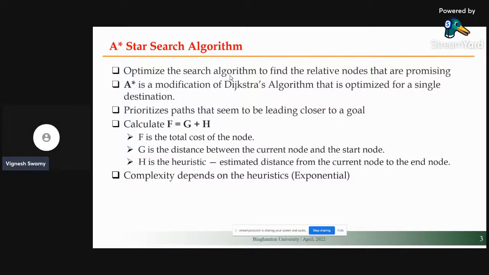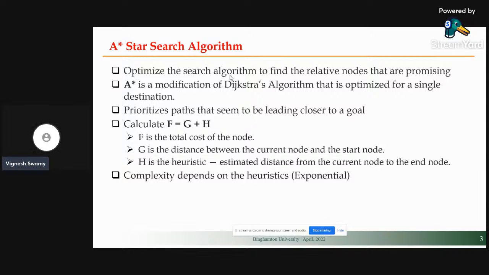A star uses both the actual distance from the start node and the estimated distance to reach the destination or goal, so it tracks both sides of the nodes.